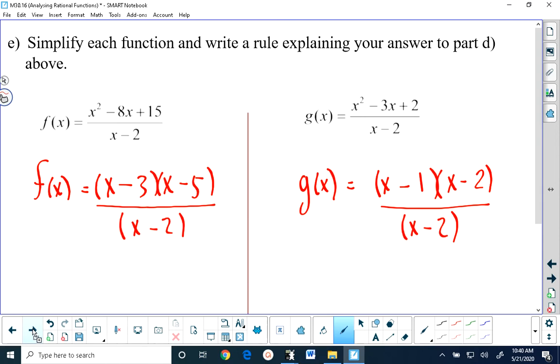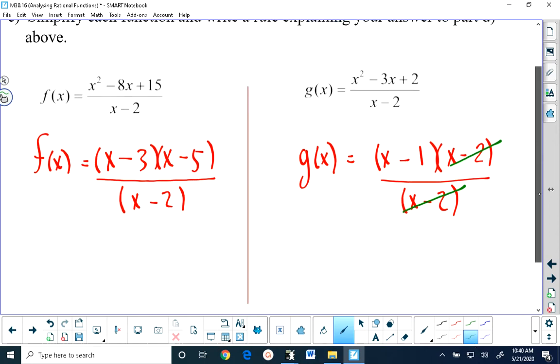Here's the rule. If the factor that's in the denominator that creates the non-permissible value cancels with an identical factor in the numerator, then at that non-permissible value, there will be a hole. If the factor that creates the non-permissible value, x minus 2 in this case, does not cancel, then the value of x that comes out of that non-permissible value will create a vertical asymptote.